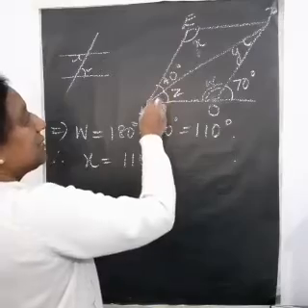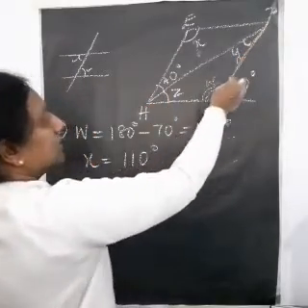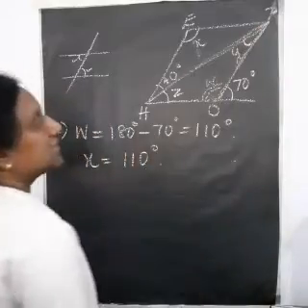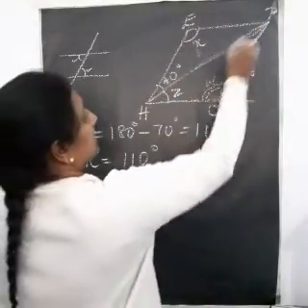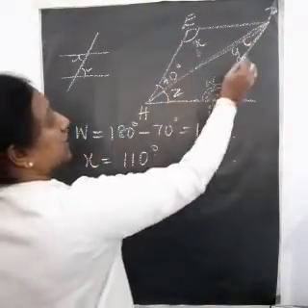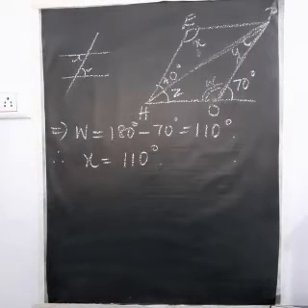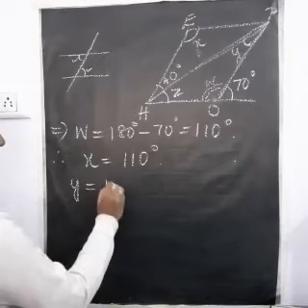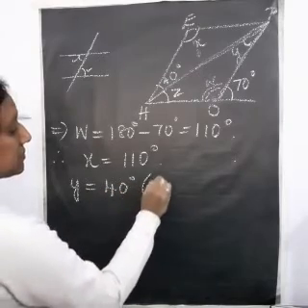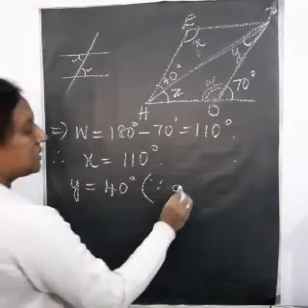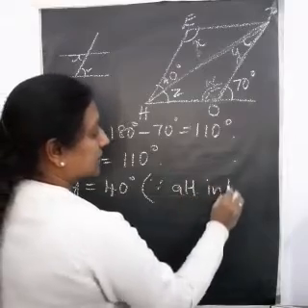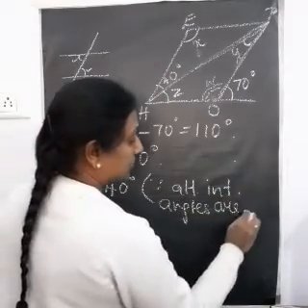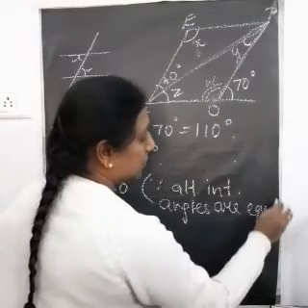So, this line and this line will be parallel and this will be a transversal. So, if I take that Z theorem, if this is 40, what is Y going to be equal to? 40. Very good. Y is equal to 40 since alternate interior angles are equal. Have you got it? Okay.